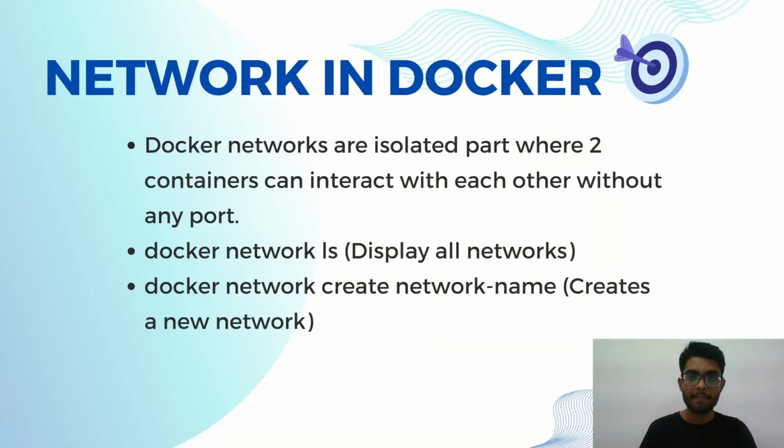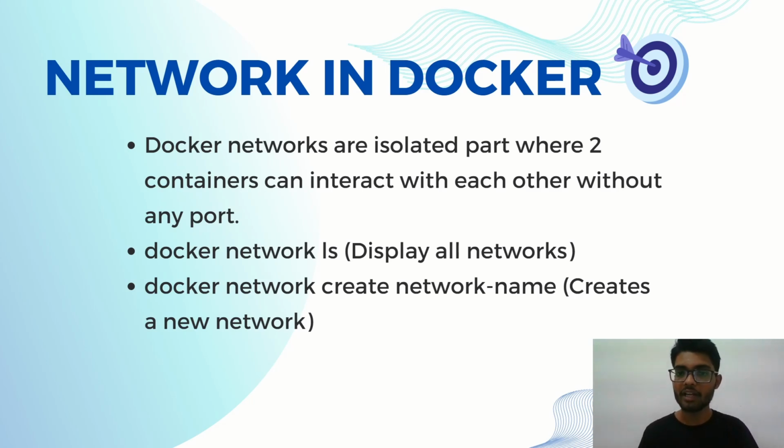Moving forward, this is the concept of networks in Docker. Docker networks are just isolated parts where two containers can interact with each other without any port. If I created two containers, one is my MySQL container which has the default port of 3306, and one is my hello world image container, I want these two containers to interact with each other, but it is not possible without accessing the port of each other.